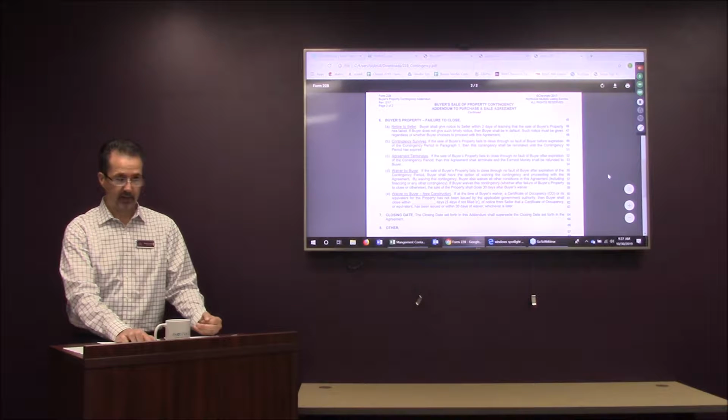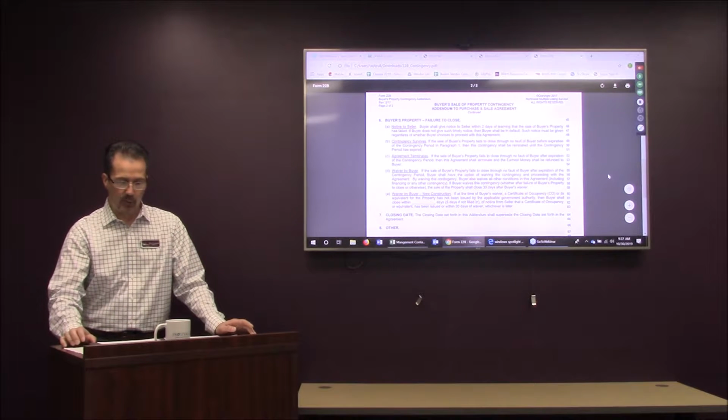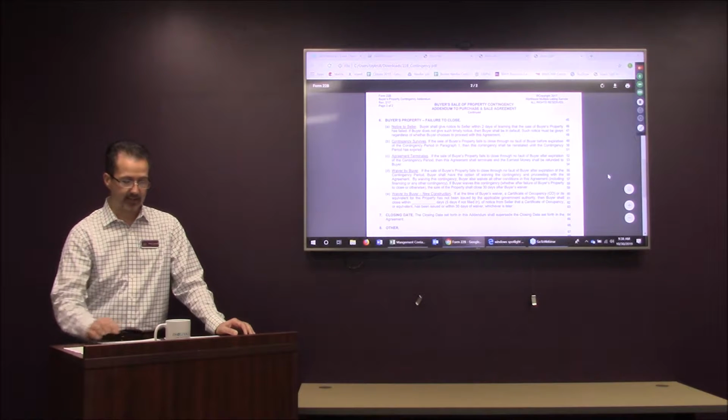So just be aware that if buyer waives, they're waiving everything else, all other contingency. If buyer waives this contingency, whether after failure of buyer's property to close or otherwise, the property shall close 30 days after buyer's waiver. So go through and either highlight or underline that second sentence in section D.